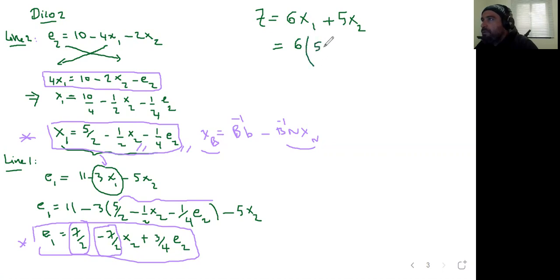It's 5/2 minus half of x2 minus 1/4 e2. And immediately, guys, you could notice that the Z has moved out from 0. It's no longer 0. So how much is that? Z is 30/2.